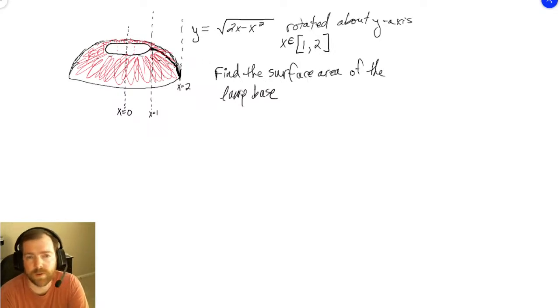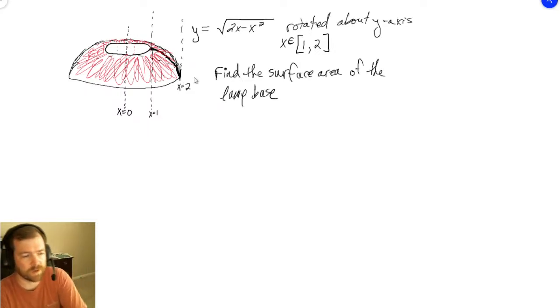So for this, we would want to do the same surface area integral that we talked about before, which was that we can take the line integral, figure out what the distance of this line is, or the arc length of this particular curve.